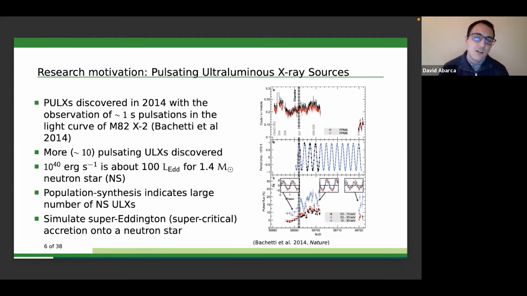And for neutron stars, we have a good idea about their masses, something between 1 and 2 solar masses. So if it's producing 10^40 ergs per second but only weighs 1 solar mass, we have to be emitting something like 100 times the Eddington luminosity. There's also some additional population synthesis which suggests that probably a lot of ULXs are powered by neutron stars. So the idea is we want to understand this process through simulations.